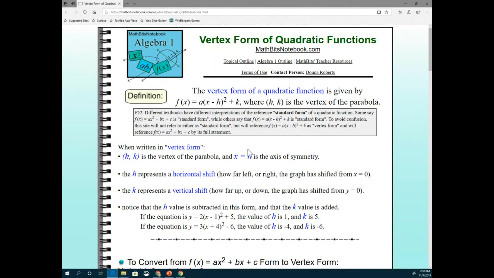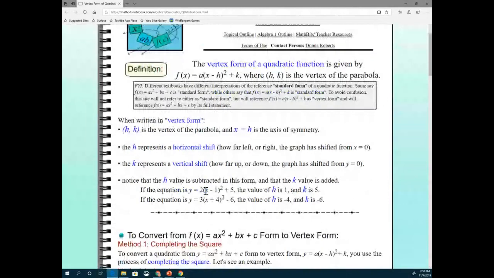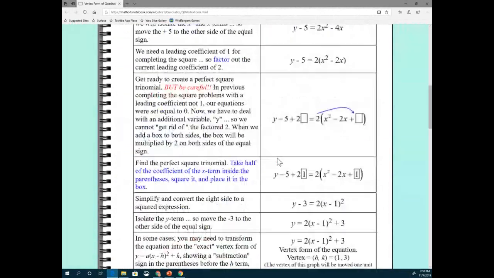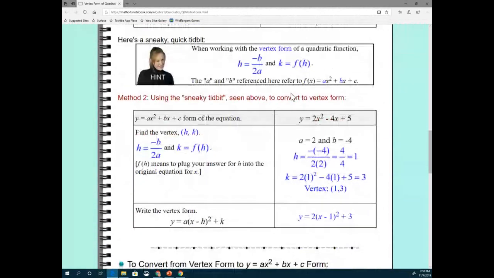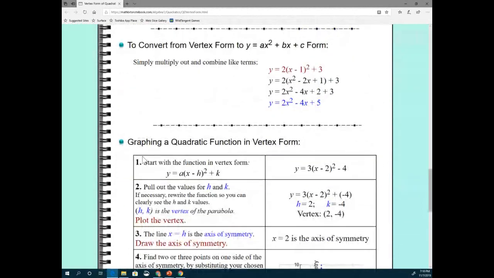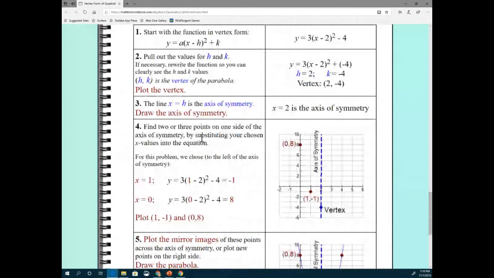It tells you the axis of symmetry, talks about the shifts, which are the transformations, and has some examples. It shows you how to convert from standard form to vertex form, and it shows you different methods to do it, and even tips for graphing it.